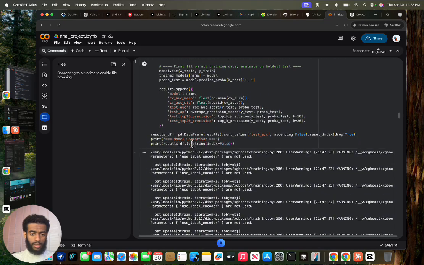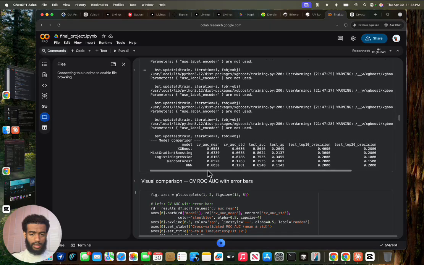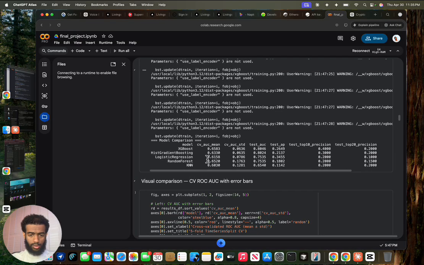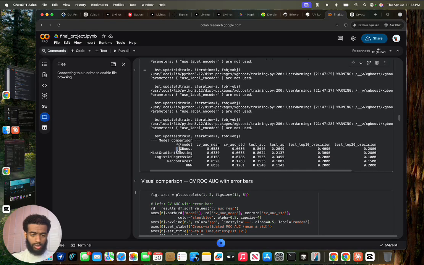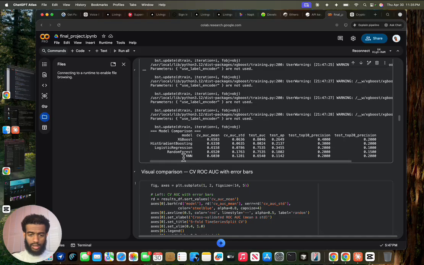And surprisingly, in this case, the best and the most accurate one was XGBoost, with accuracy mean of 65% and all of that. And top 10 precision, was it able to predict the top 10? 40% of the time it was, which was pretty good, especially compared to all of it. And right underneath it is KNN.